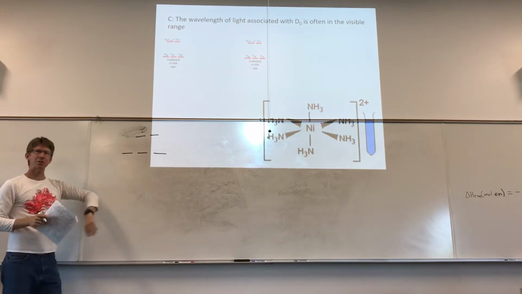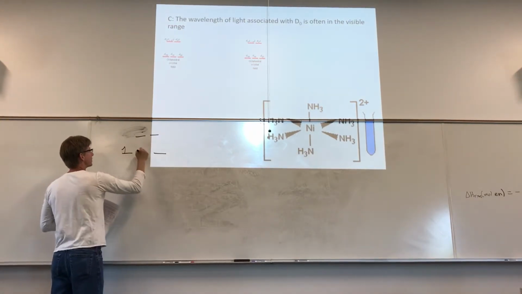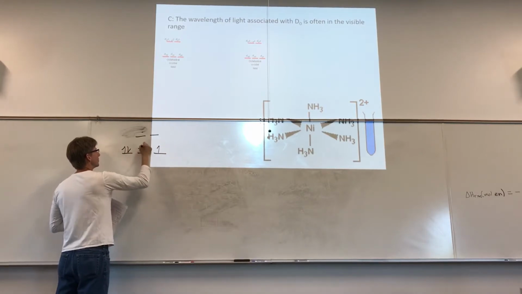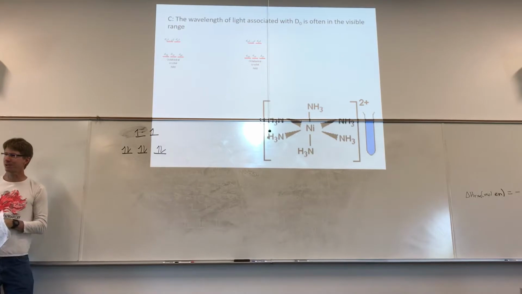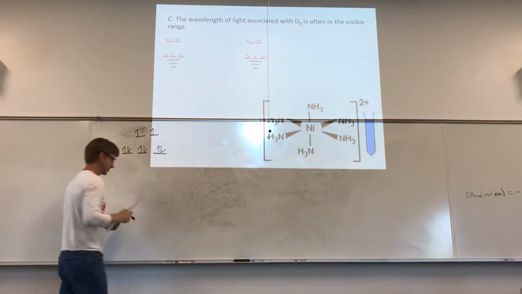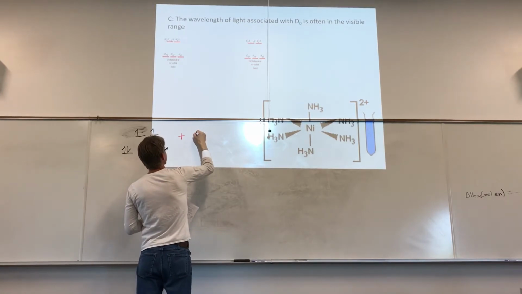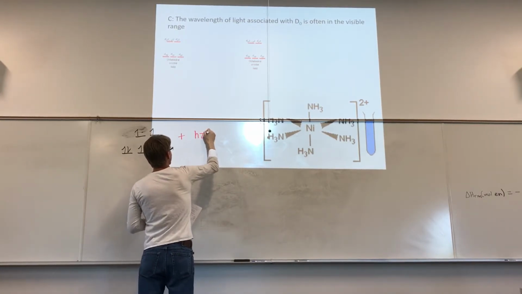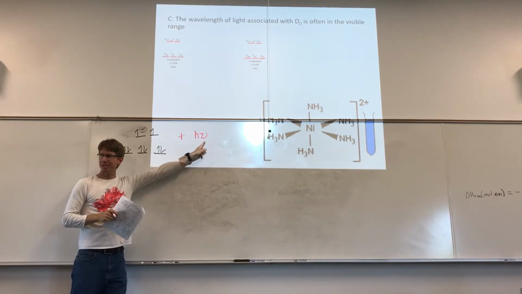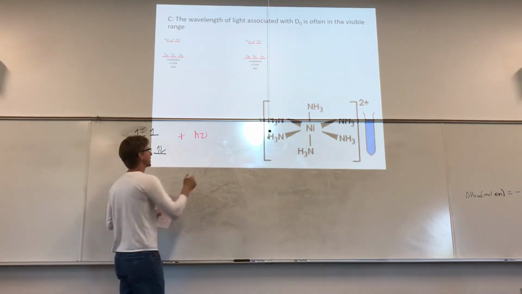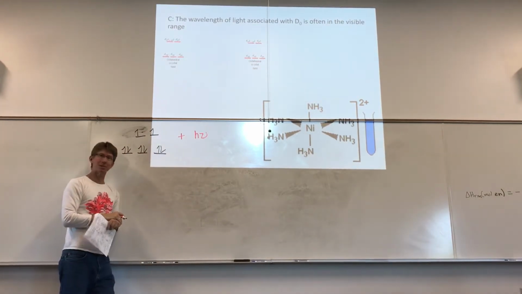So here's what I want to do with this. From the previous slide, I've got my 8 electrons. I'm going to add a frequency of light, and I've written it h times the frequency because that's going to be equal to energy.